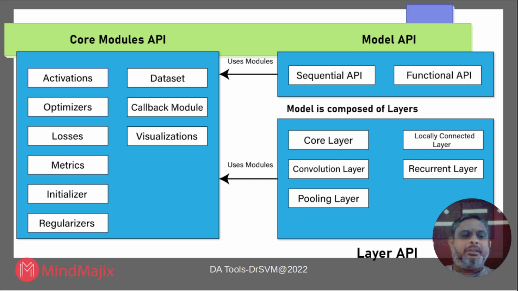Initializers, regularizers, various datasets, callback modules and visualization tools are available in Keras. When it comes to the model API, we have a sequential model, a functional model, and then composed as layers.